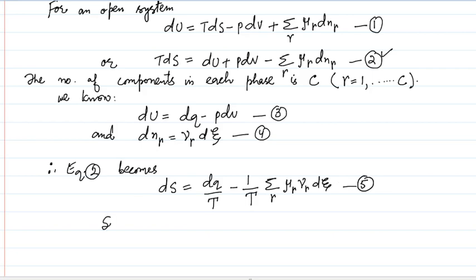Also, we know the affinity A is related by this expression, minus summation gamma mu gamma nu gamma. So this is equation 6.